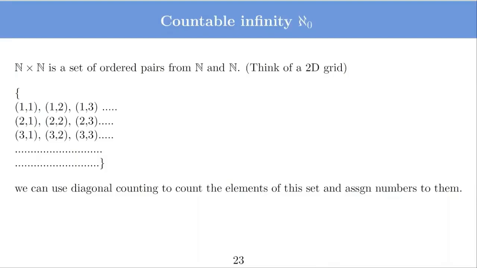So to map this, there is a famous diagonal counting trick, which can count the elements, and then you are able to tell exactly which number it is assigned to. Let's see that case.